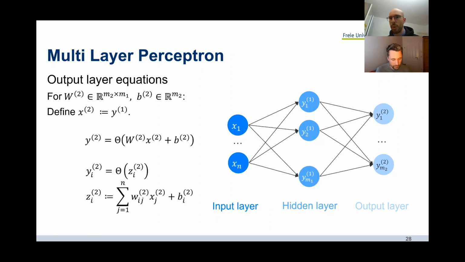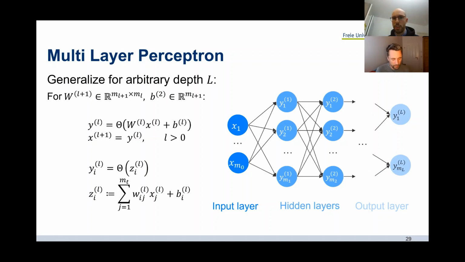I mean, there's no reason we can only have just one single hidden layer in our network. We could just add as many hidden layers as we want, and we can generalize the equation that we have in the previous slide for any arbitrary layer L+1, depending on the previous layer L. So I hope the students do not get too confused by these equations, because all I've done here is replace the 2's with L+1's and the 1's with L's.